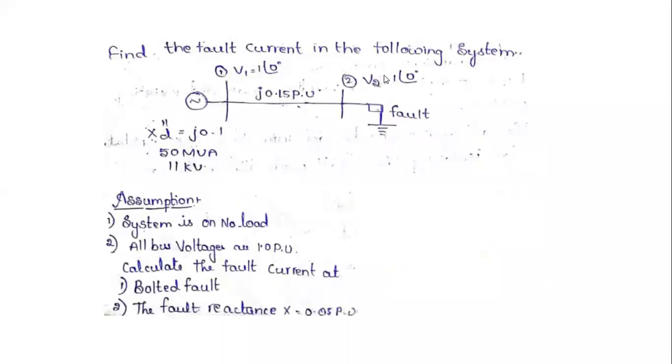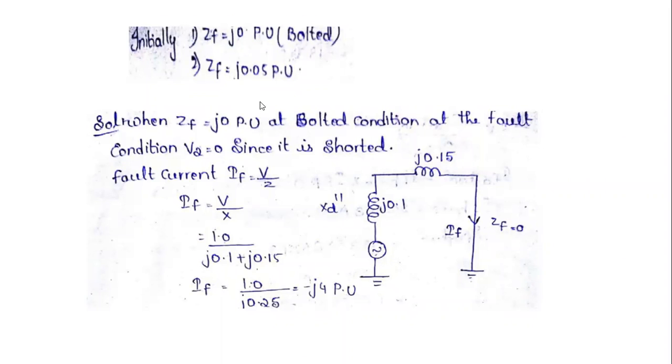The bus voltage V2 is 1 at an angle of 0 degrees, but for the bolted condition ZF is equal to 0, therefore the voltage at fault is also 0, because it is a short circuit. The formula for fault current is V by Z, therefore IF is equal to V by Z.